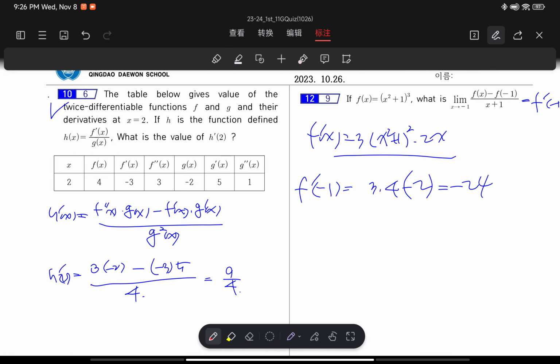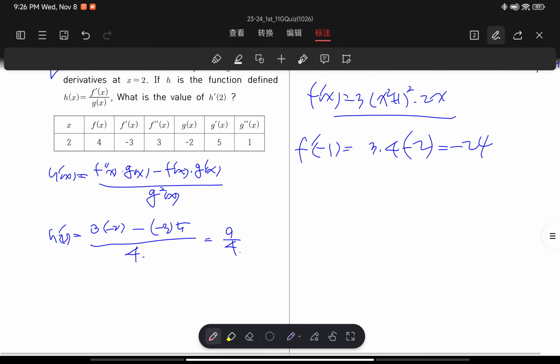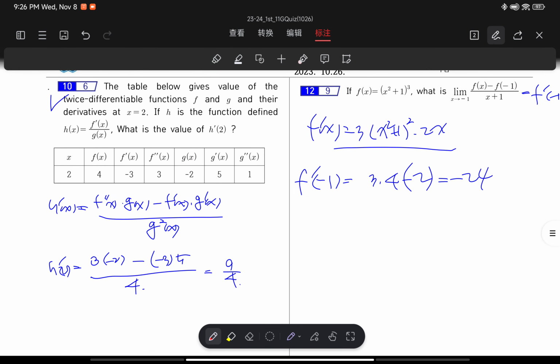Okay. And from 10 to 13, you shouldn't miss these problems, because all four come from the AP calculus problems. So that's really easy. So 10. Use the derivative of a quotient function, then h prime x equals f prime times g(x) minus f(x) times g prime x, divided by g square x.